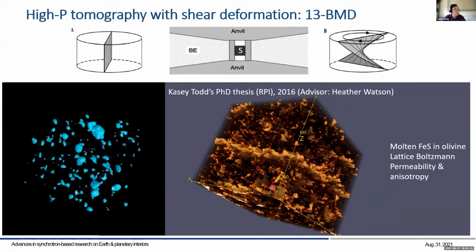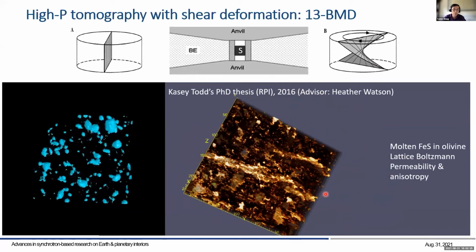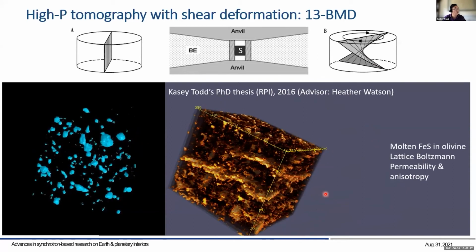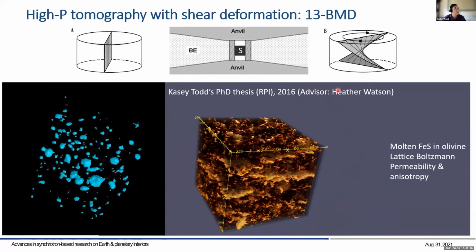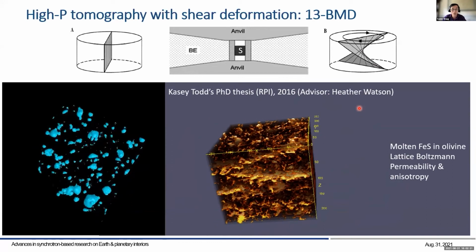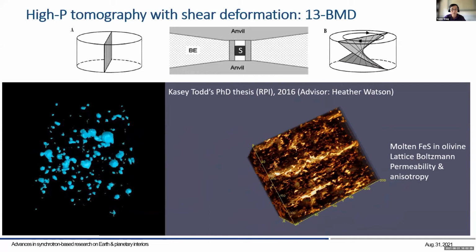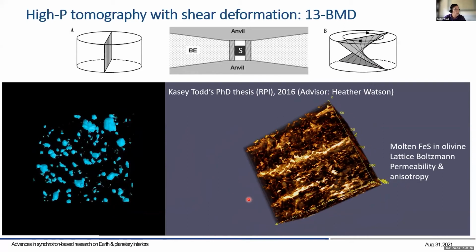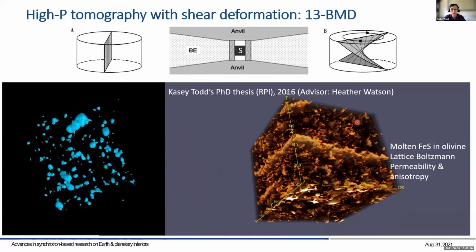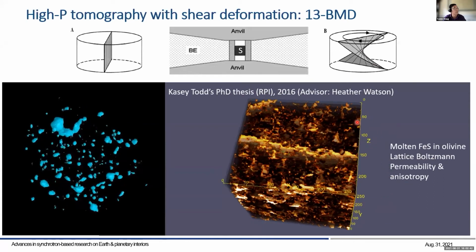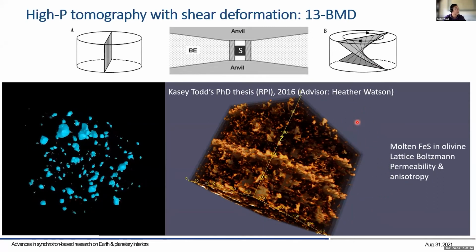This is the PhD work of Cassandra Todd at RPI, whose supervisor was Heather Watson. She also applied lattice Boltzmann analysis to constrain permeability for this kind of texture. The results have been used to model the formation process of the Earth's core.